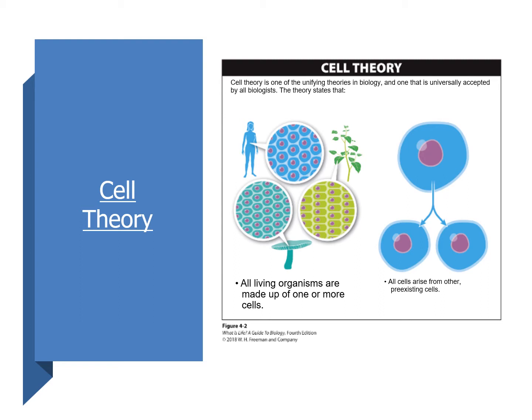You have to have a parent cell that is going to then split or divide and produce more cells. Sometimes it's 2, sometimes it's 4. I don't think I know of any other situations where it's more or less, but regardless, you have to have a cell coming from another cell. They don't just pop into existence, and that is cell theory.